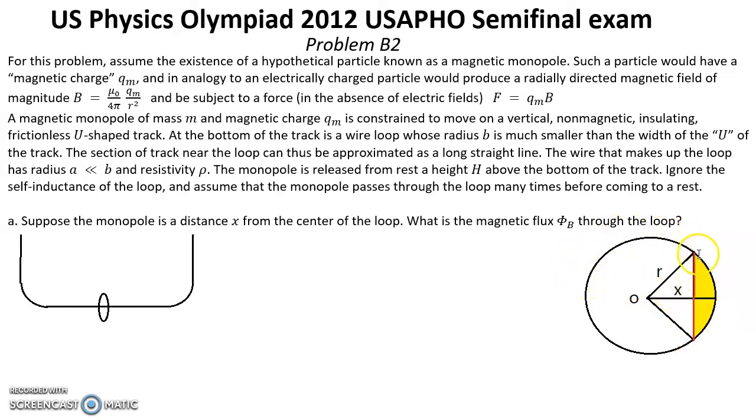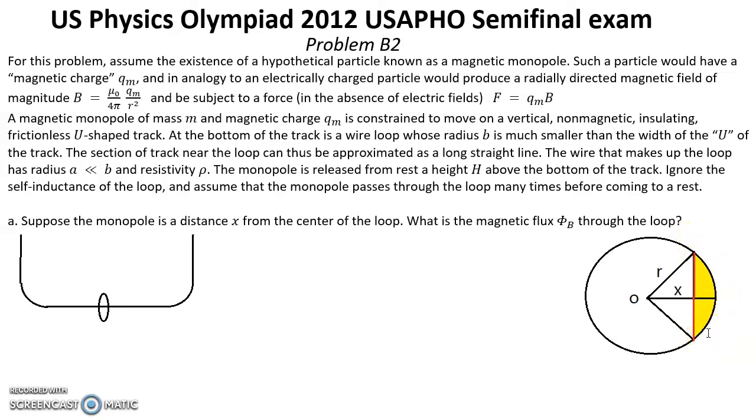And we just need to count what is the area of this segment, because the magnetic field on this sphere will be the same, and we just need to multiply the magnetic field from this charge by the area of this segment.